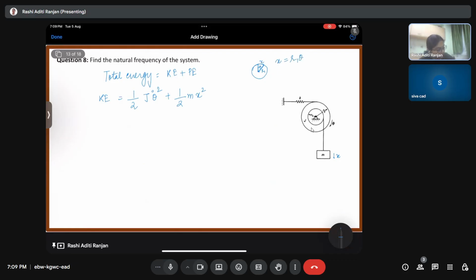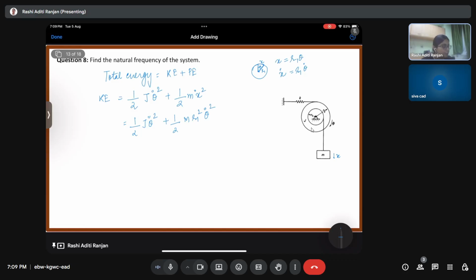So X dot is going to be R1 theta dot. So we get half J theta dot square plus half M R1 square theta dot square. Okay, I hope this is clear.